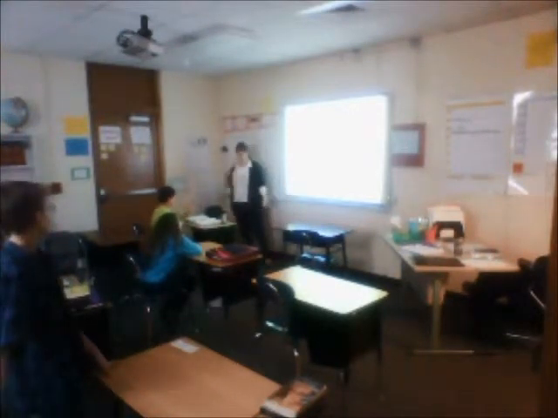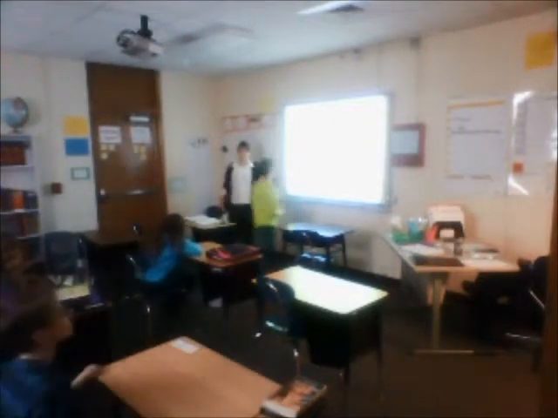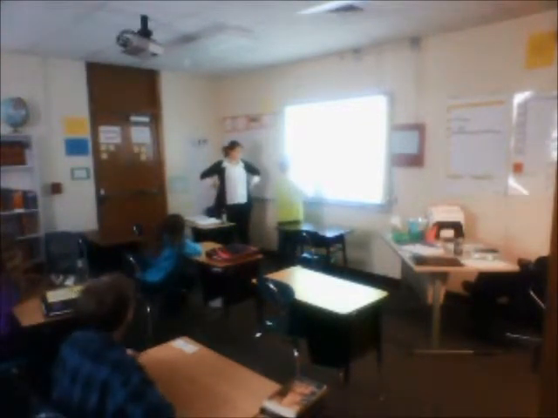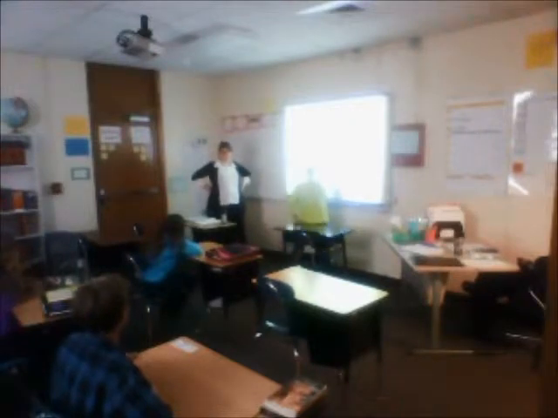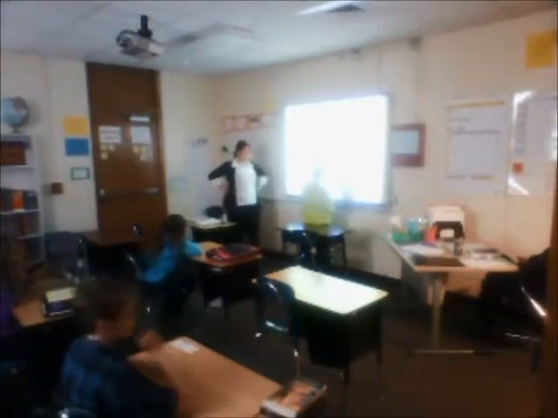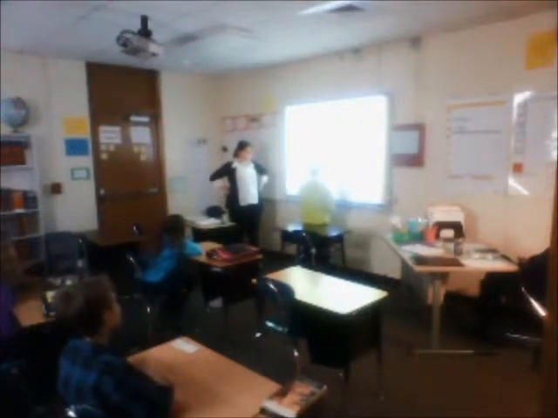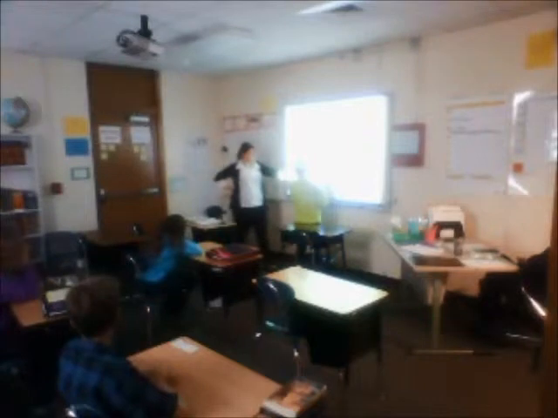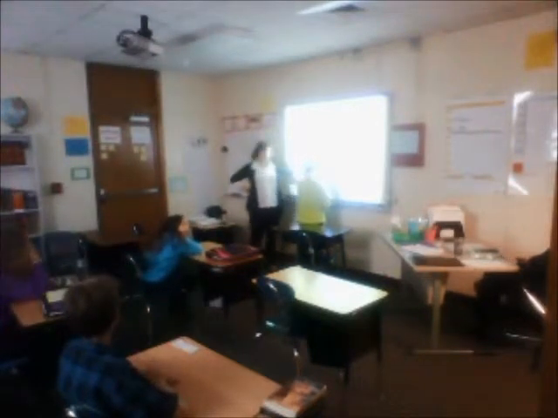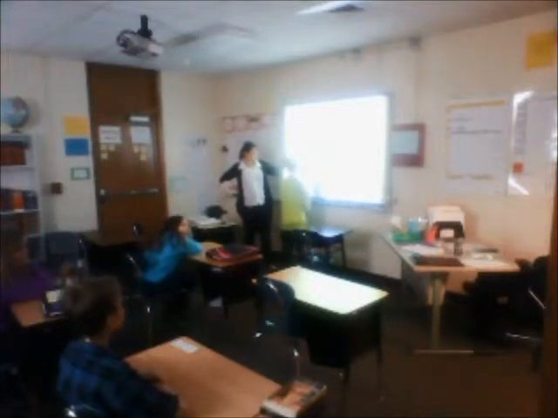Tyler, you want to help us out with the right triangle? How do you know if a triangle is a right triangle? What do you think, Tyler? Let's take a look right here. A right triangle has one what? Angle. What kind of angle?